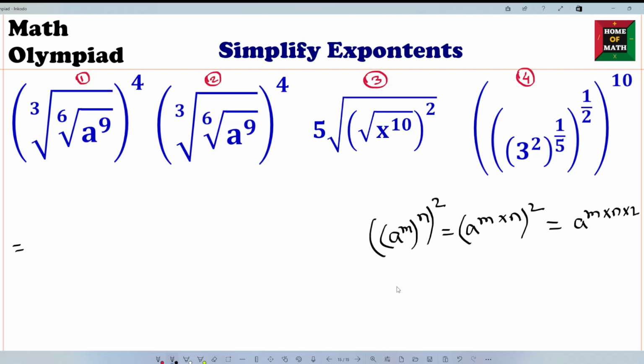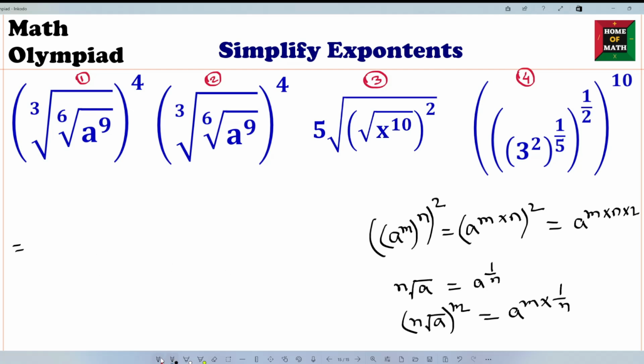Another thing, the nth root of a, we can write as a to the power 1 by n. Similarly, the nth root of a to the power m, we can write as a to the power m times 1 by n. These three things we already knew.